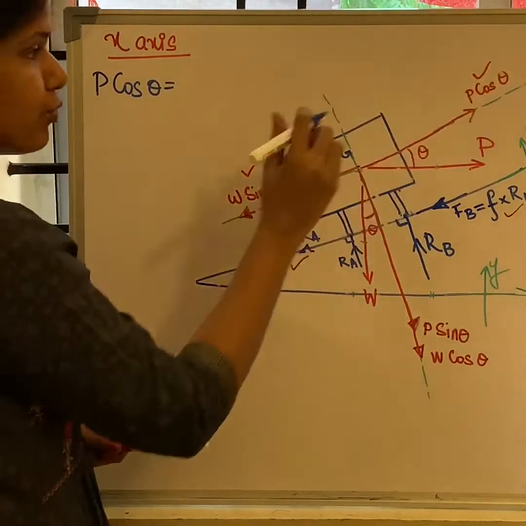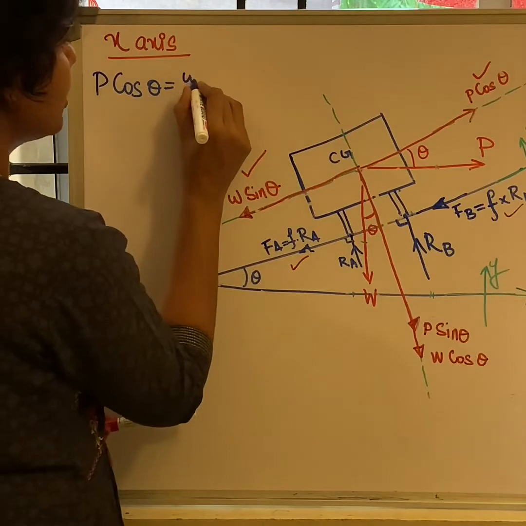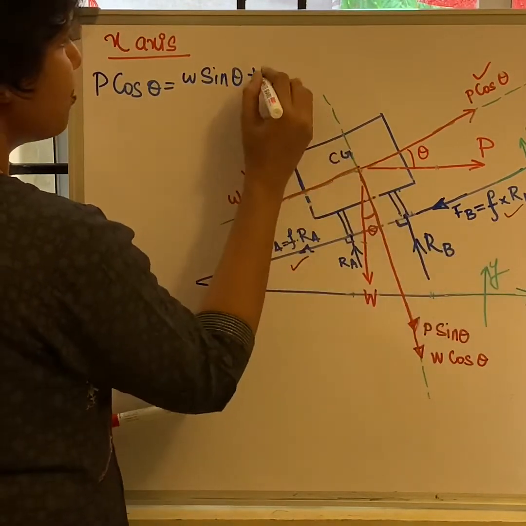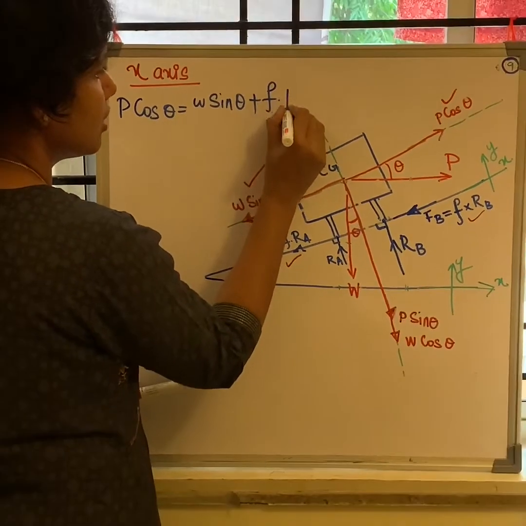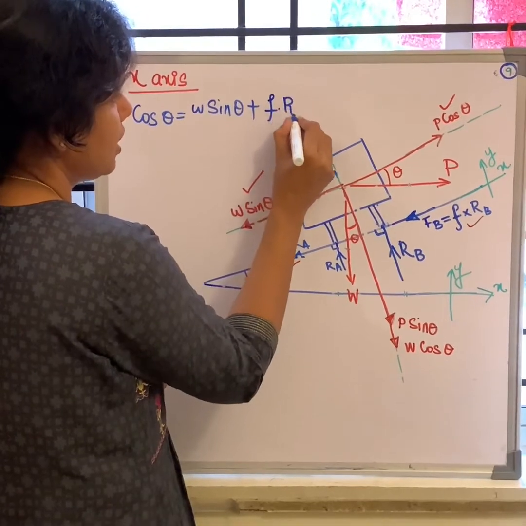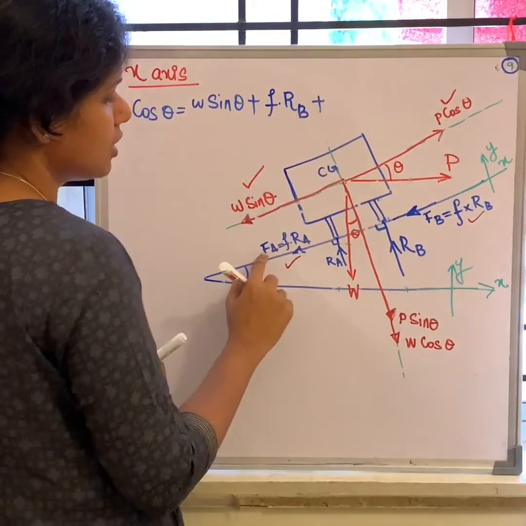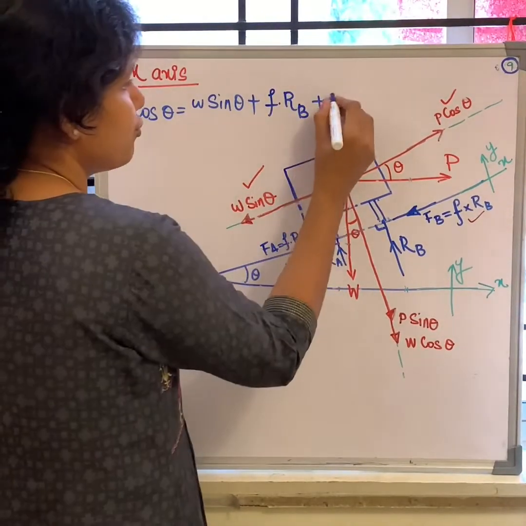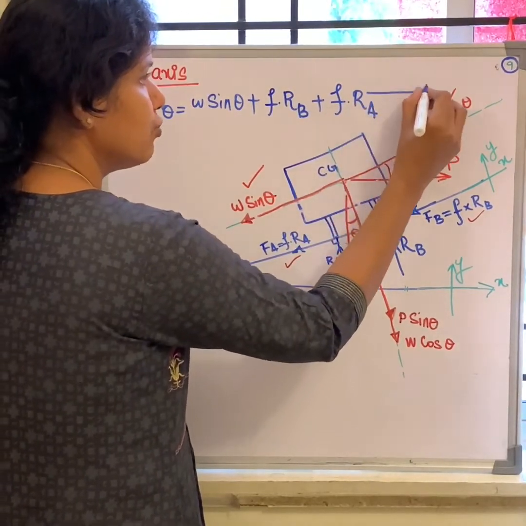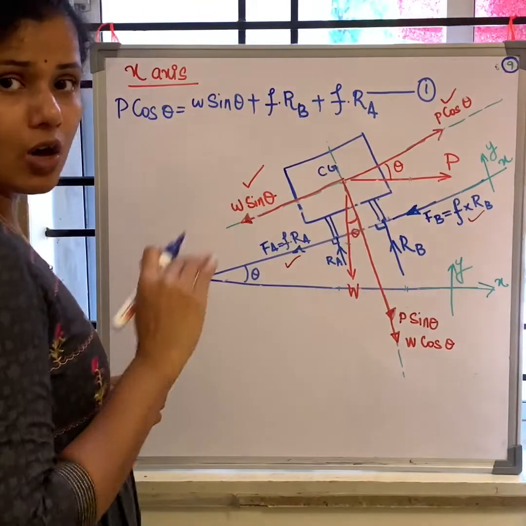This is our outward force. So P cos theta is equal to W sin theta plus FB, which I am going to write in expanded manner, coefficient of friction into reaction at B, plus similarly friction at A, coefficient of friction into reaction at A. So we got our first equation along the x-axis.